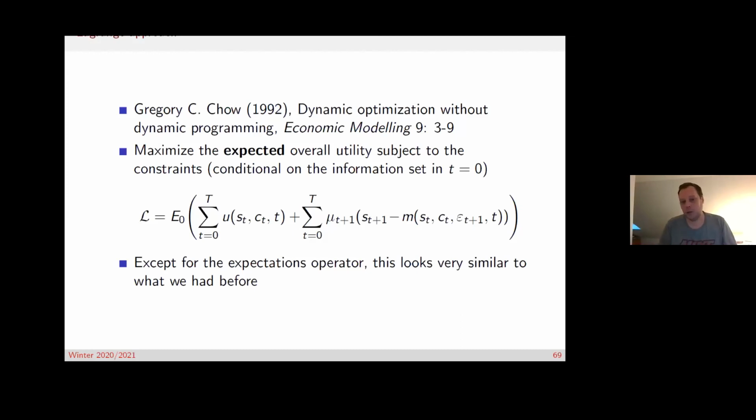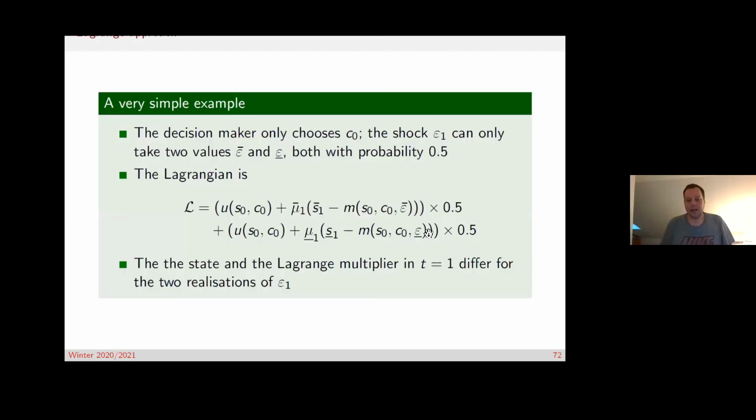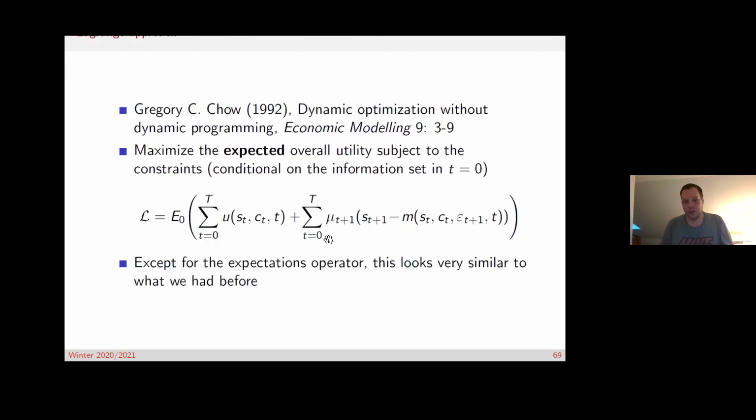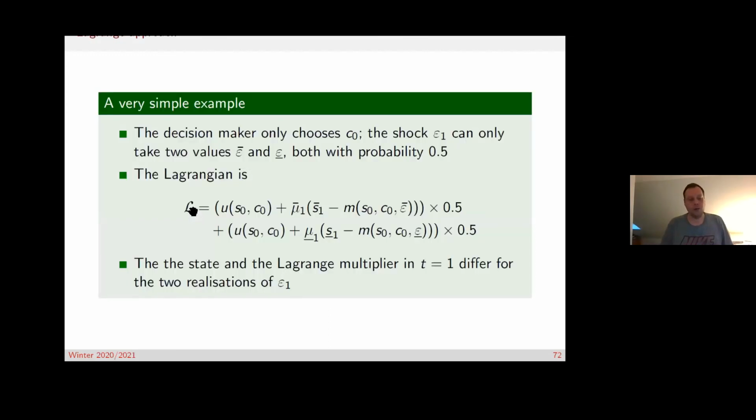You are not bound to this. At least this is what we assume, right? So basically, at every point in time, you would like to choose the control given the information set that you have then, not the information set that you have at the beginning of your planning horizon.